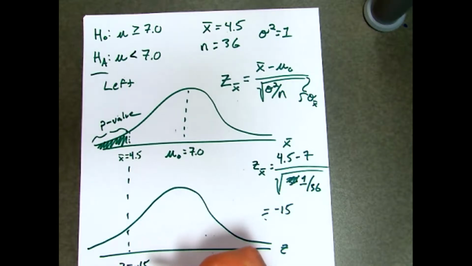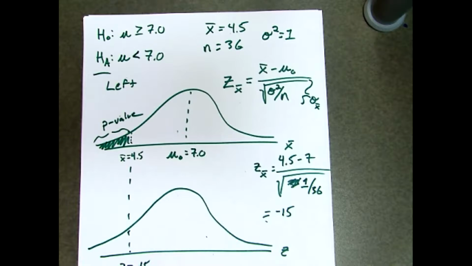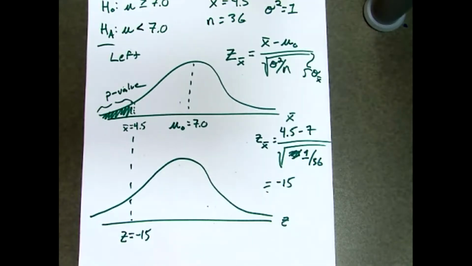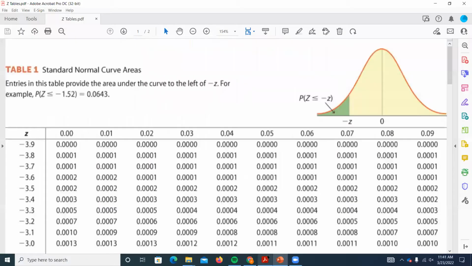As we're getting more familiar with the standard normal distribution, this should raise eyebrows, because my table stops at negative 3.99.